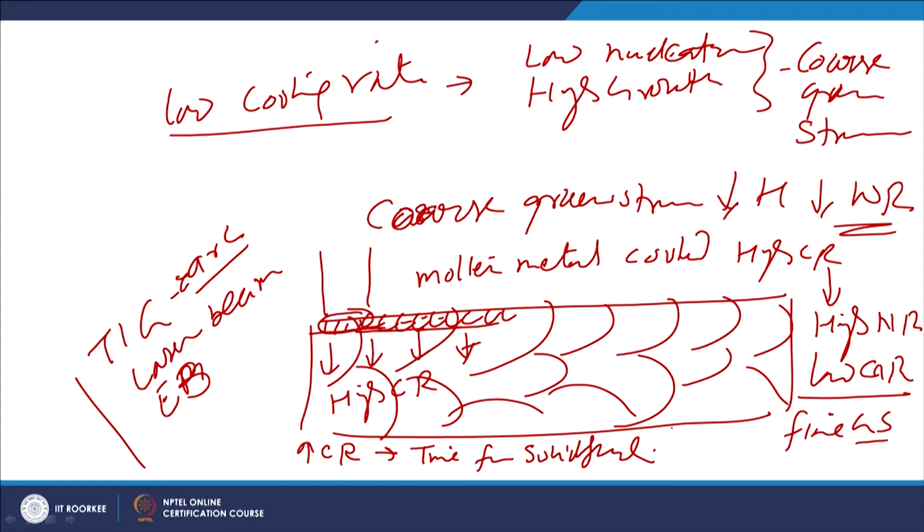So, the time available for each phase to grow will be very less when the cooling rate is high, and that is another reason behind the fine grain structure. So, this is one aspect where high nucleation rate and low growth rate and limited time availability for solidification limit the growth of individual phases, and therefore, we get the fine grain structure at the surface.